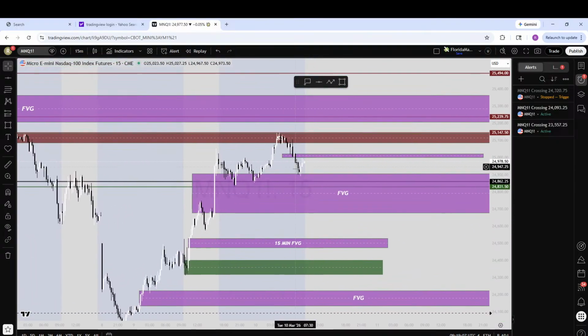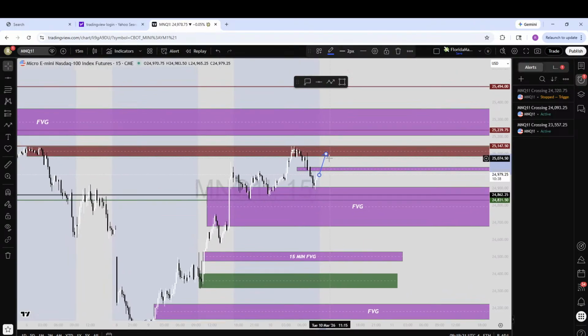It's a small pullback here, and when the market opens, let's see what it's gonna do. It might go here to this area of resistance and then come back.